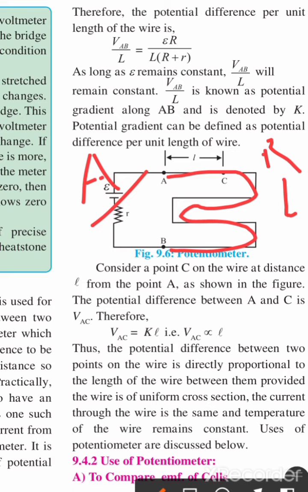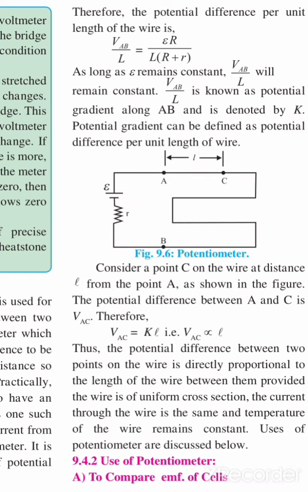Along that wire AB, a source of EMF E with a small internal resistance r is connected. The cell having small internal resistance r is connected across wire AB.